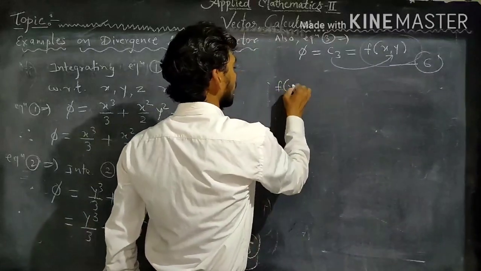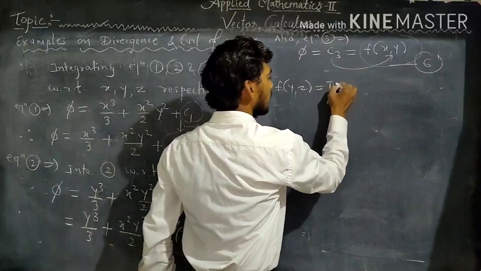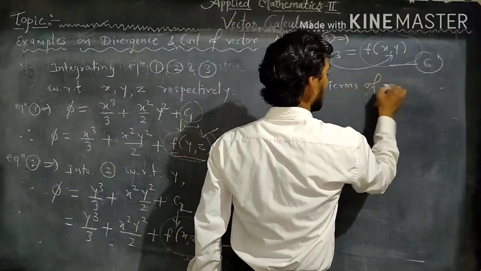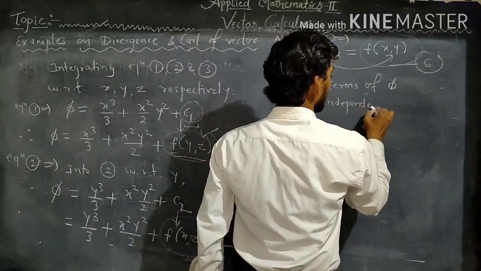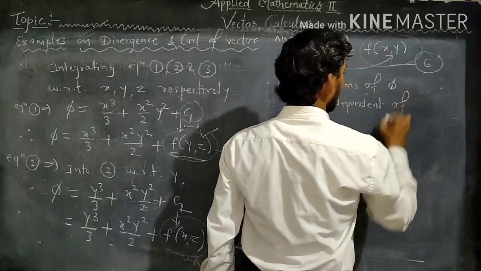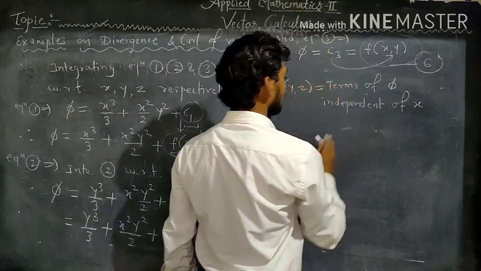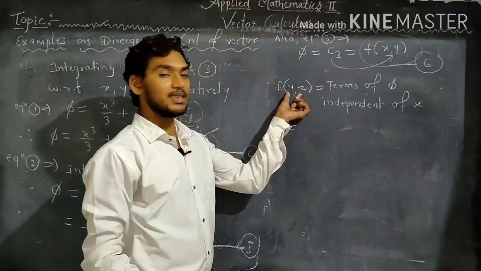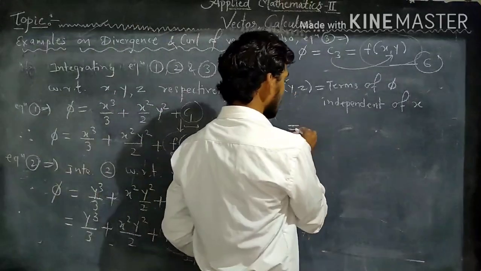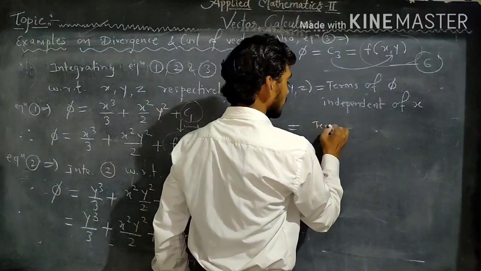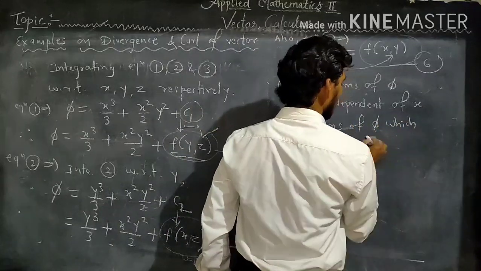So f of yz is equal to the terms of phi independent of x.